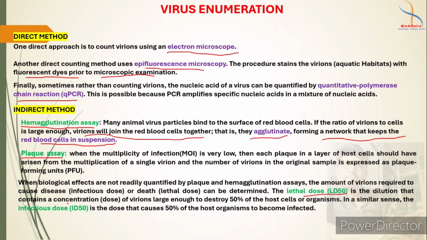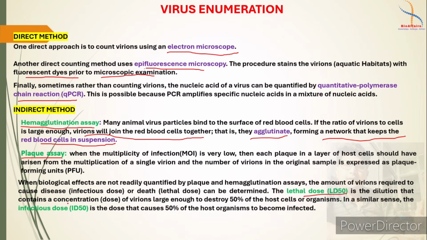Suppose, listen carefully, 10 hepatitis B virions are able to kill 50 human beings. Okay, so this is the LD50: if you take 100 human beings as an experiment, then it can kill 50 of those infected human beings if you use 10 hepatitis B virions.